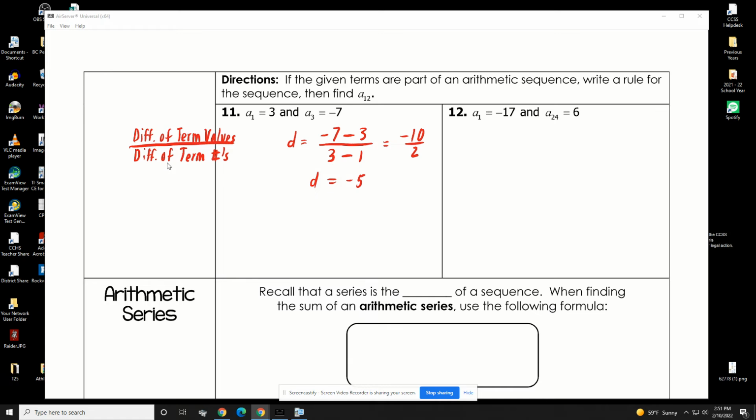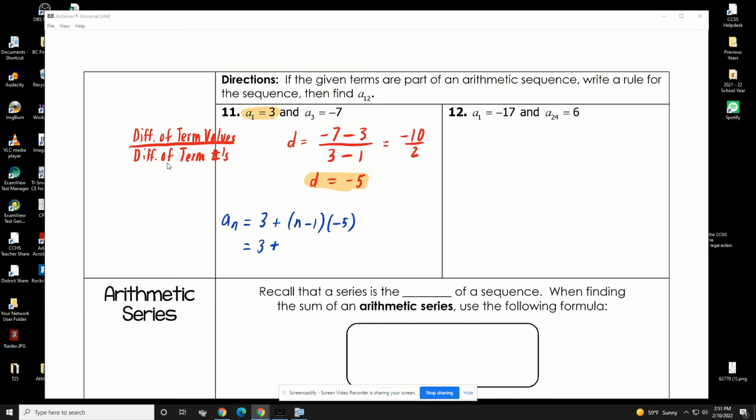Now, once I do that, and I have my common difference, and I have my a sub 1 that was given to me at the very beginning, I can write my formula, right? I simply go, all right, a sub n equals a sub 1 plus n minus 1 times d, which in this case is negative 5. I'm going to leave the 3 plus alone for the time being.